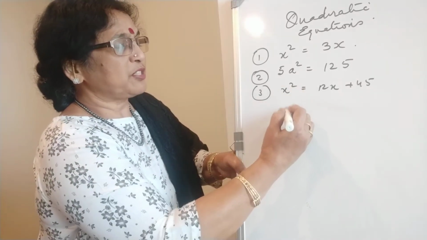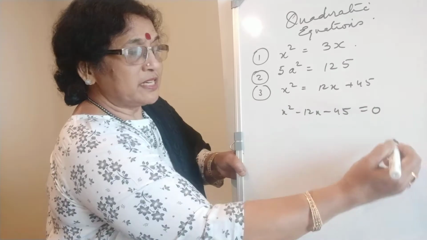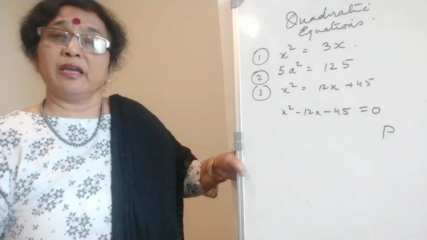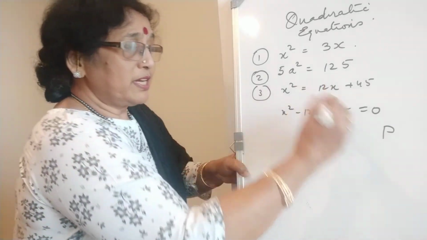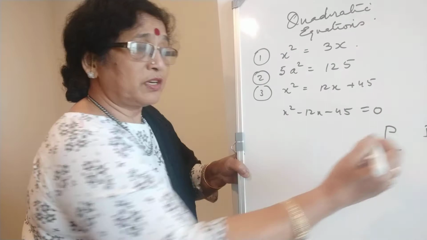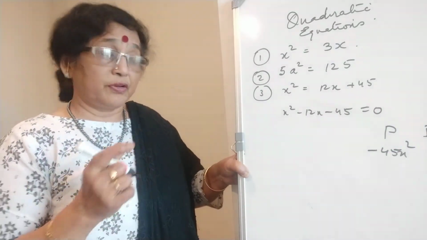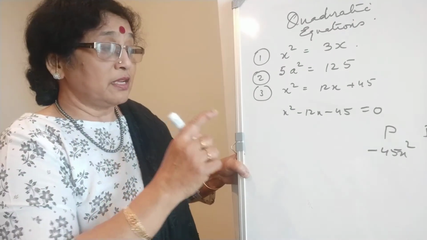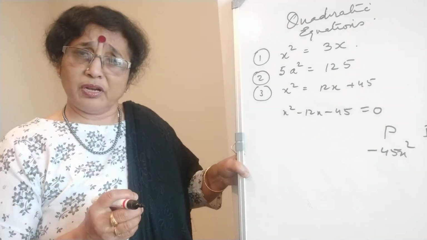Okay. So next one is this, the complete one. So here you have x square minus 12x minus 45 is 0. So yesterday I told you in the last class, in the video of quadratic expressions, factorization, product is minus 45x square, the difference of the factors you have to take, which will give you 12. So 9 and 5 is 45, but difference is 4, right?